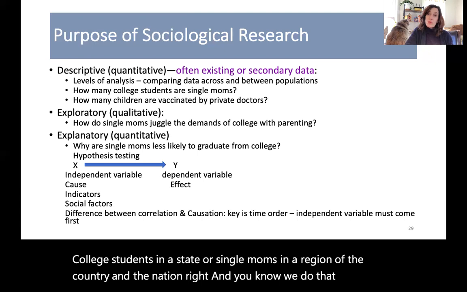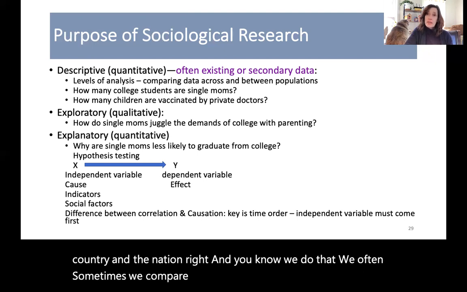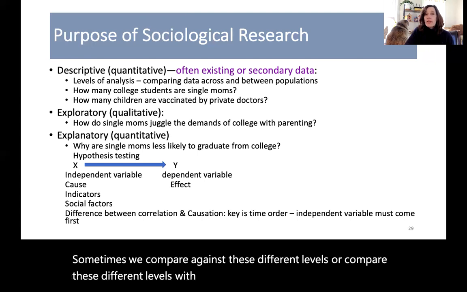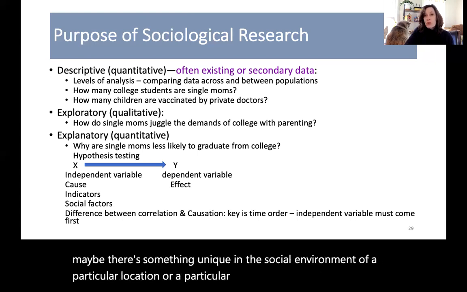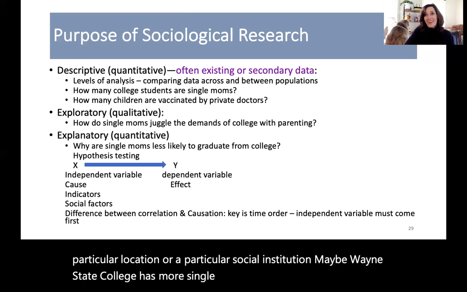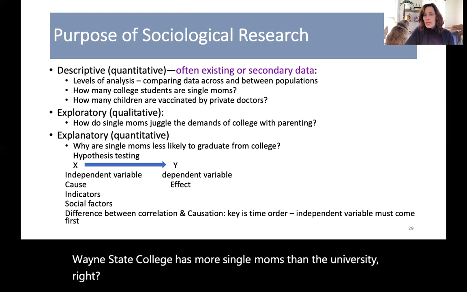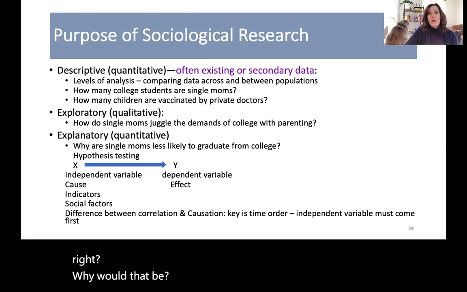We sometimes compare against these different levels, or compare these different levels with one another, because it can tell us that maybe there's something unique in the social environment of a particular location or a particular social institution. Maybe Wayne State College has more single moms than the university, right? And why would that be? Those are some things that we may look at.